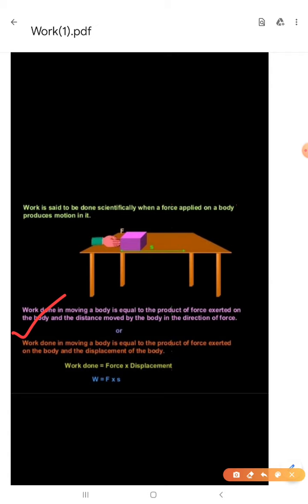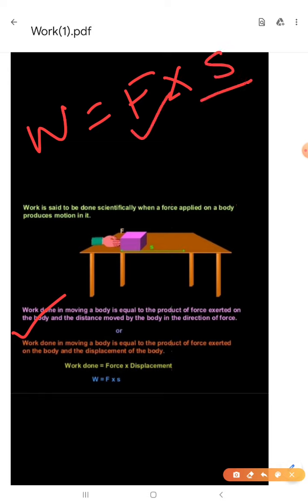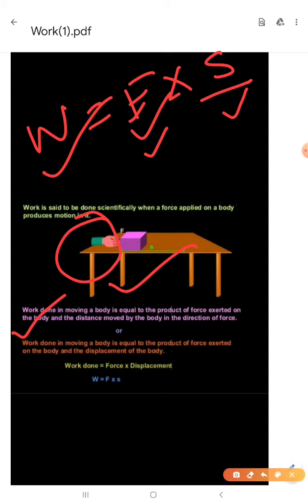Number one, suppose in this case, this person is pushing this block in this direction.